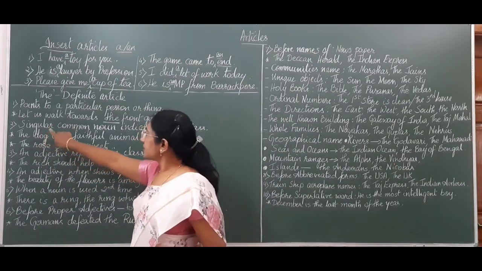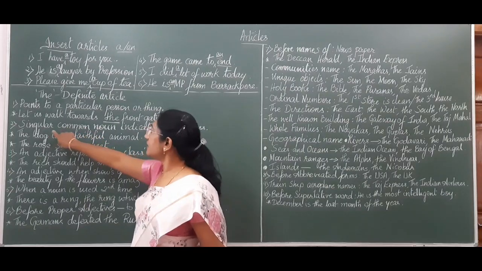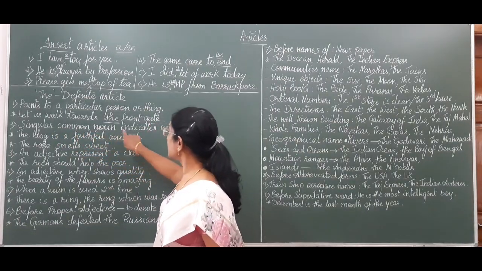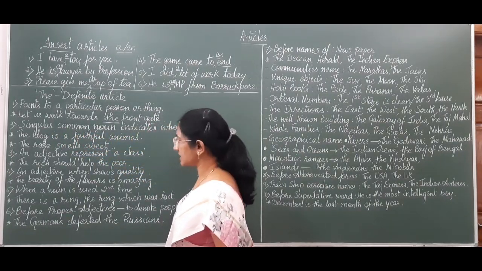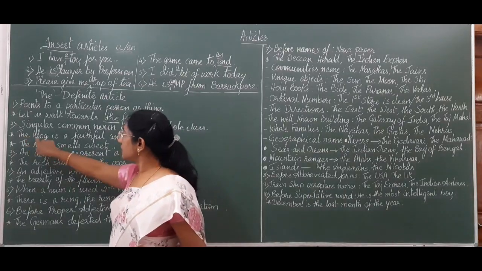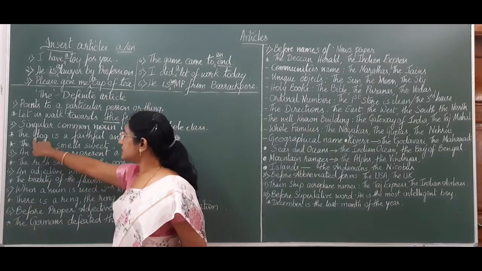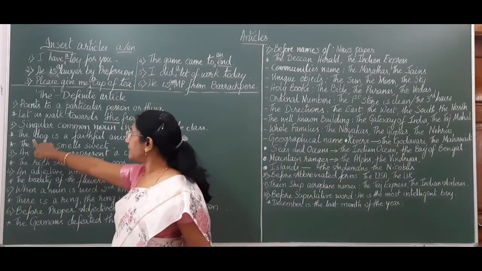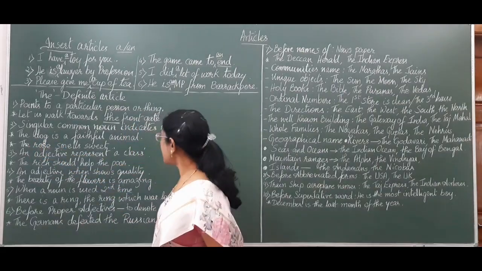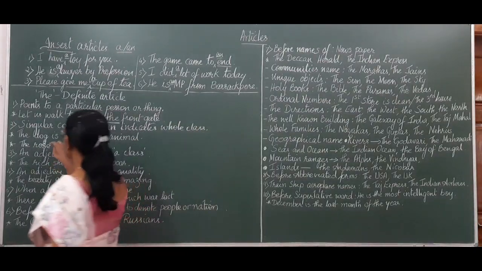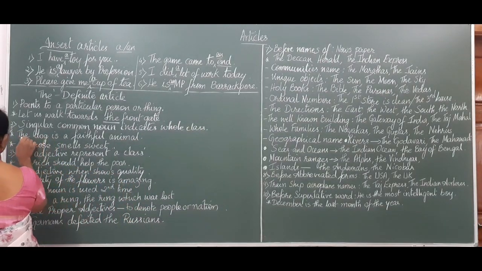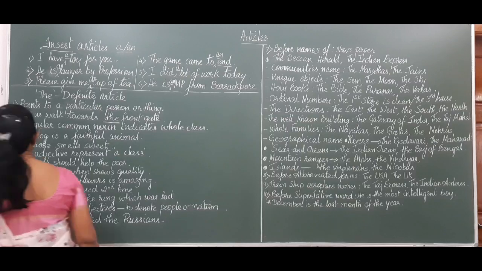Next, the is used to denote a singular common noun that indicates a whole class. The dog is a faithful animal. So all dogs are referred to here. For the whole class of dogs, we use the article the.